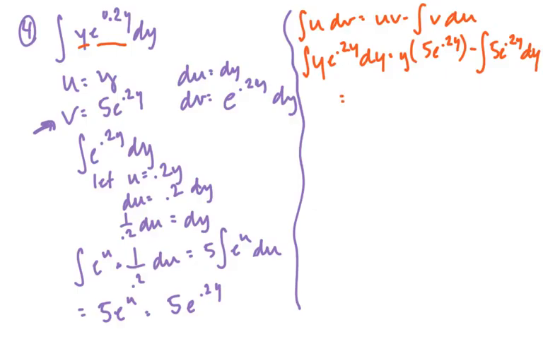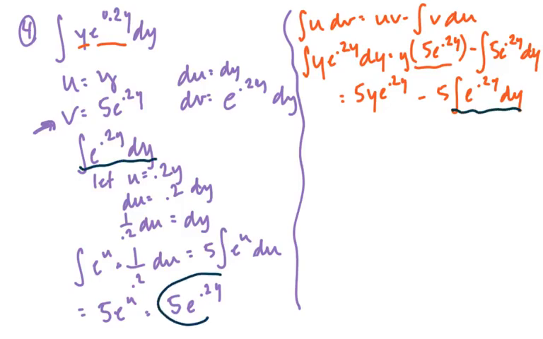So we're going to say, let's rearrange this: 5y e to the 0.2 y minus 5 integration e to the 0.2 y dy. Now some of you see this already, but this integration right here is the same integration right here, and this is the answer. So we can plug that in.